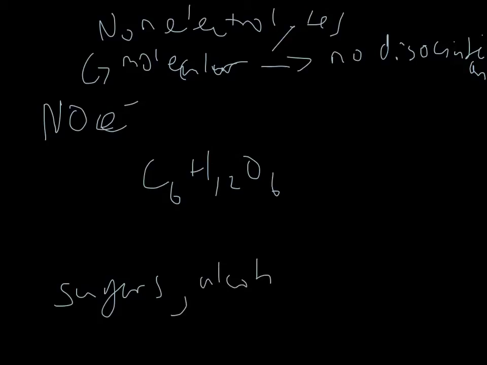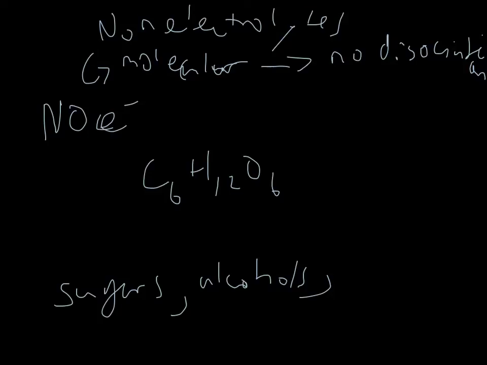Alcohols are very soluble because they have an OH group, which makes them pretty polar. And they are, again, molecular, but they do not create electrolytes, hardly at all. So they are non-electrolytes, actually.